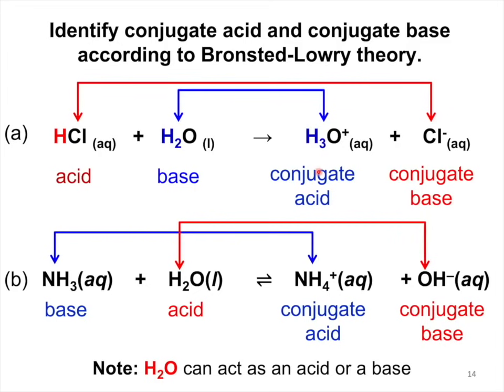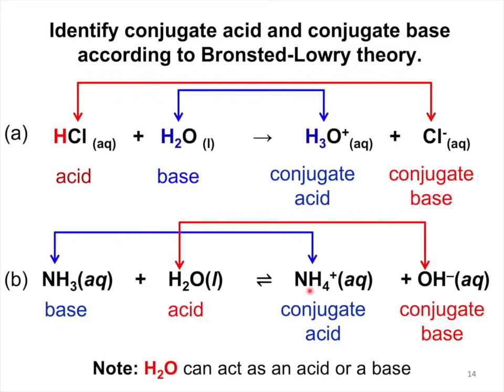Okay, another example is NH3 + H2O to form NH4+ OH-. So in order to find the conjugate acid and conjugate base, let's look at the reactant base NH3. So NH3 is a base, so it will accept a proton and it forms NH4+.